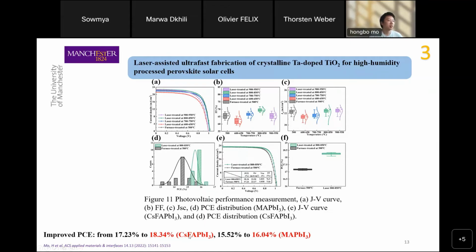This is for the CsFAPbI3 perovskite solar cells. The efficiency based on the laser treated T8 titanium dioxide increased from 17 to 18, and for the MAPbI3 perovskite solar cells, the efficiency increased from 15 to 16.